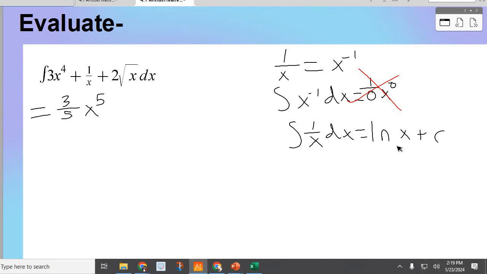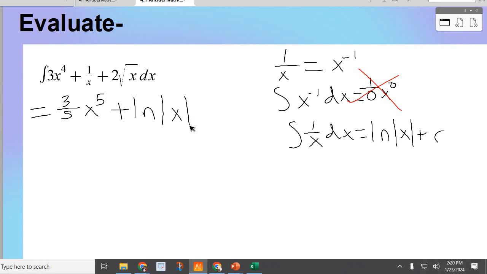So what we have to do to account for that is we put absolute values around our x. Because technically, this could be a negative number that we're plugging in there, and that would make it be bad. So we just make sure that doesn't happen, and put absolute values around it. So then what are we going to have here? Plus natural log of the absolute value of x.